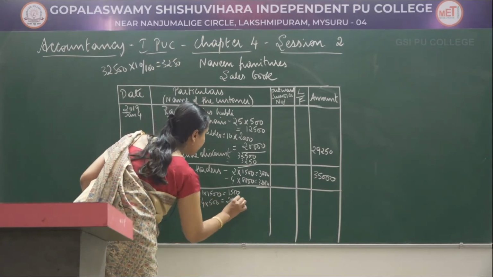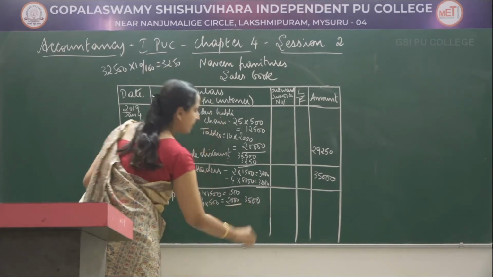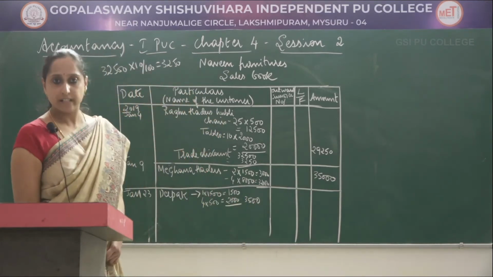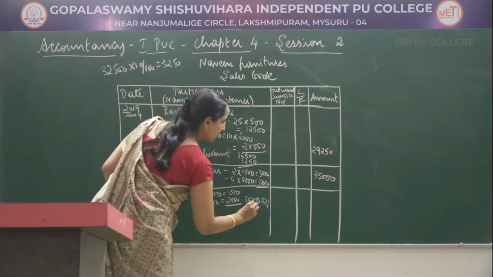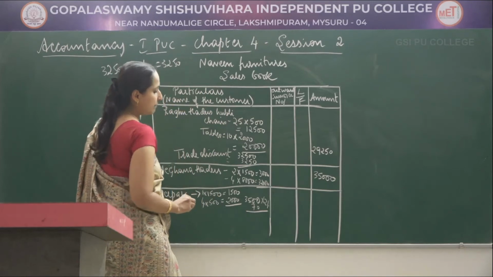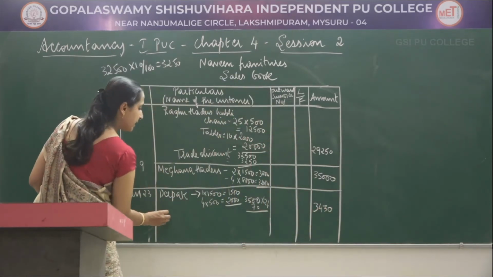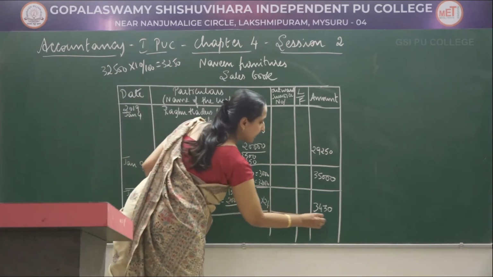It comes to 2,000. So total of this comes to 3,500. And again here they are giving discount. If we calculate on 2%, it comes to 70. So in the amount column we have to write 3,430. So this is a transaction which is related to Deepak.